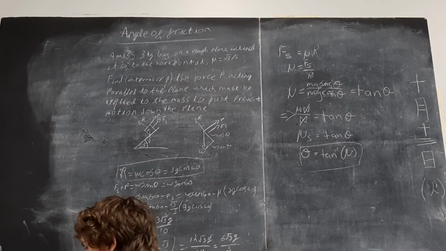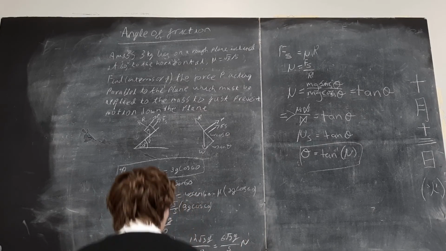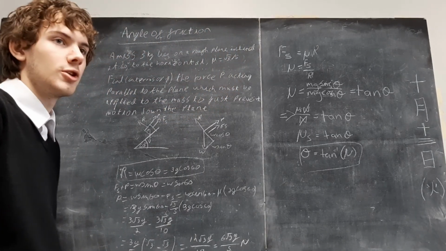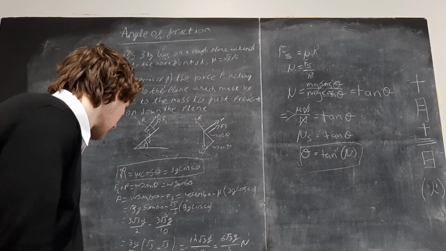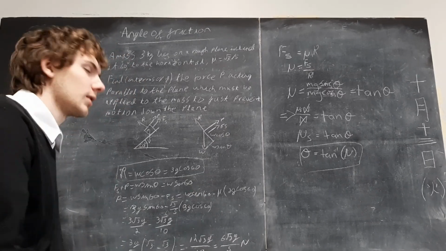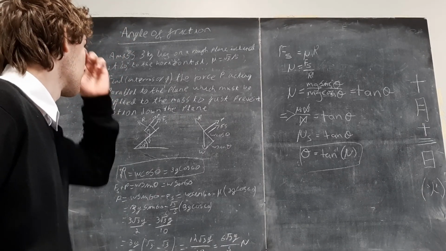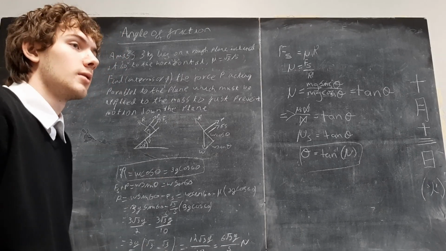I just forgot that we're to leave it in terms of g, so we don't actually need the calculator. If you were to put in the number, then you would get the value of 20.4 newtons. However, it asks us to leave it in terms of g, so we have to leave it like that.